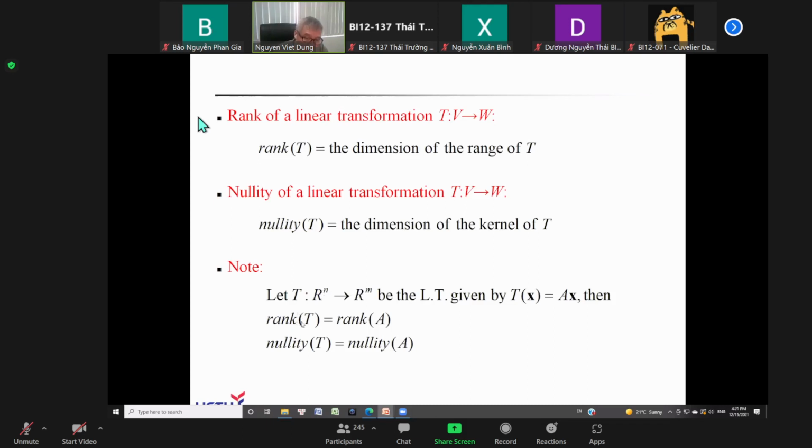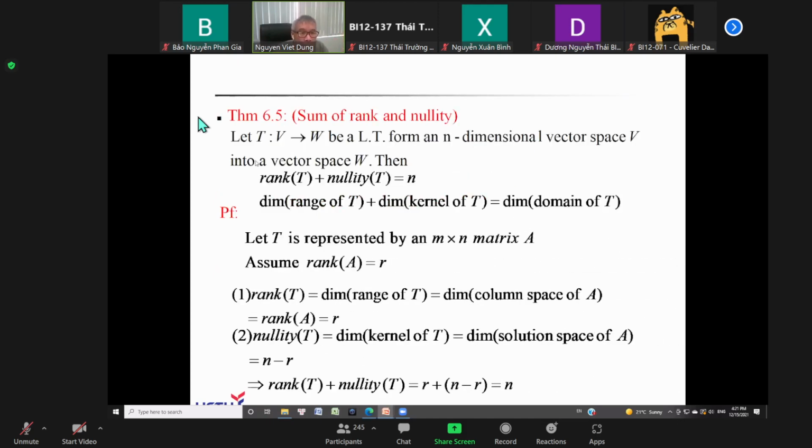Now in that case, the rank of T is exactly the rank of the matrix A. And the nullity of T is exactly the nullity of A. And because of that, we see, once again, we have the following relation between the rank of T and the nullity of T. Suppose that T from V to W is a linear transformation from an n-dimensional vector space V to any other vector space W. Then we have rank of T plus nullity of T equal n.